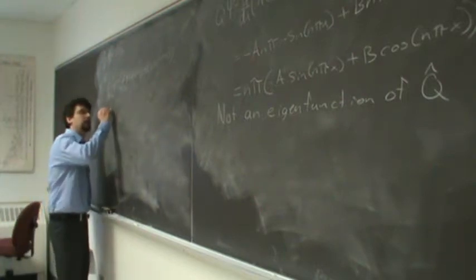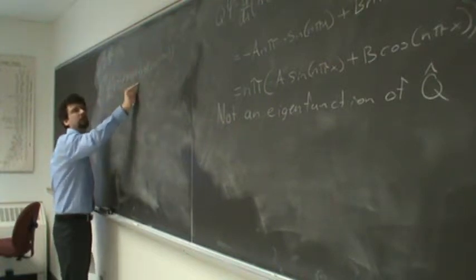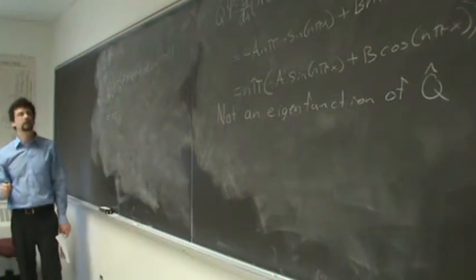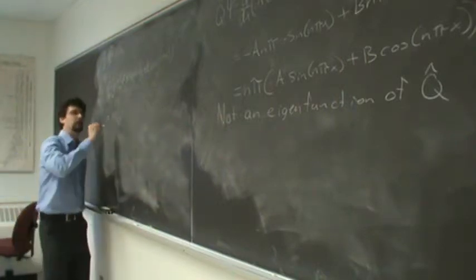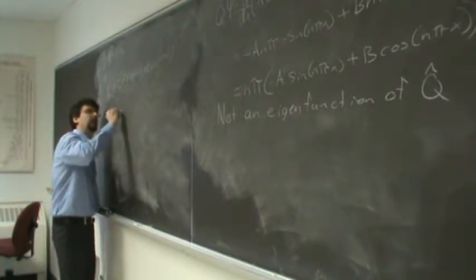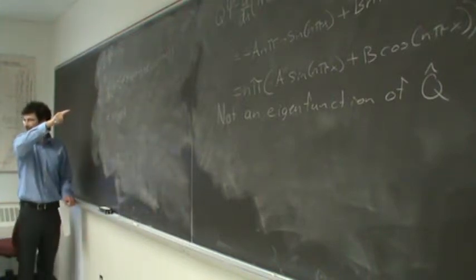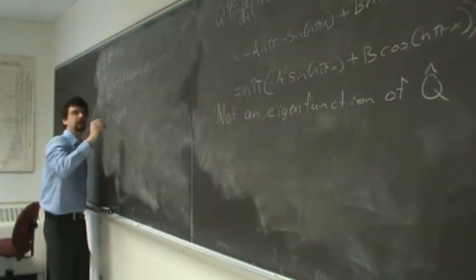So we got n pi. What's going to be the derivative of this term then? n pi times the first function. Yep, n pi a. Well, what's it going to be? Minus n pi a cosine n pi x.